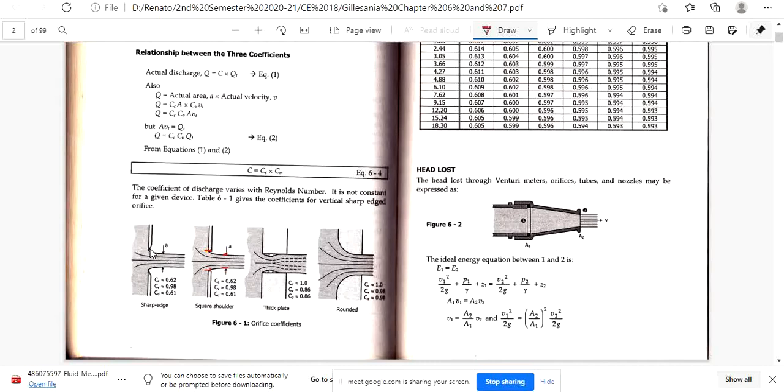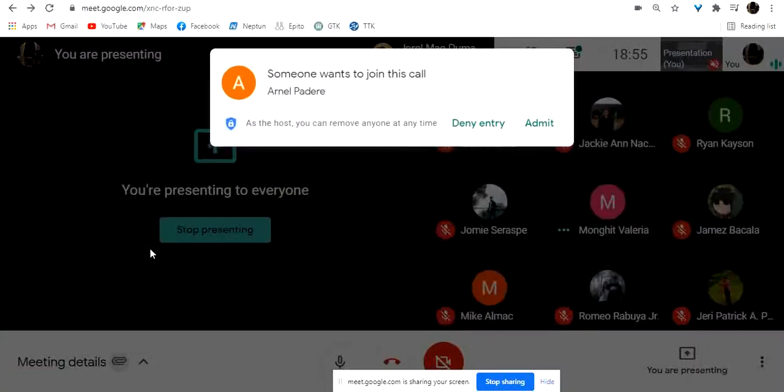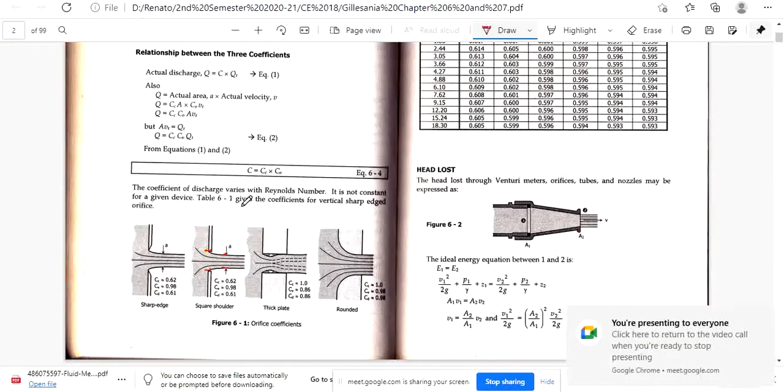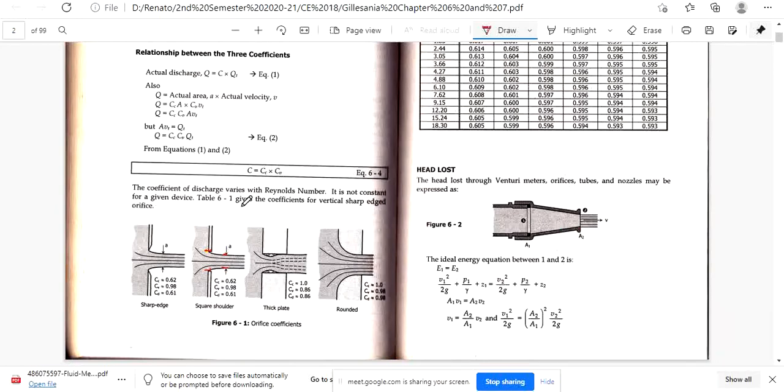So mas gamay imong opening, so mas gamay ang imong value sa imong CC. For example, ani, if it is a thick plate or rounded plate, ang imong opening gipagamay, so inigawas ana ni, mo equal na ni si dire. So mao na mahitabo. So mao na nga ang CC sa rounded o sa thick plate is 1.